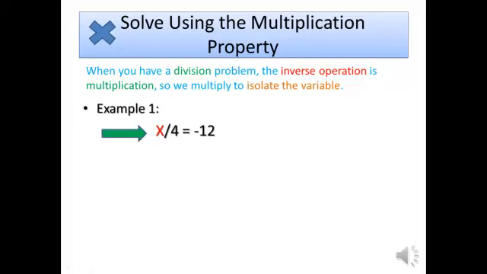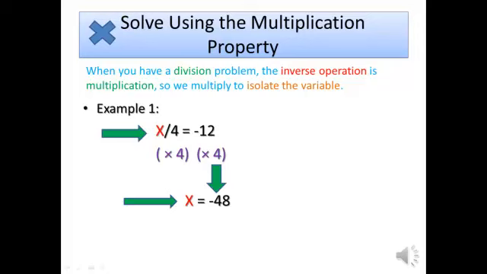Since this is division, we are going to make sure that we multiply. x is our variable. We're dividing by 4, so we need to multiply by 4. We multiplied by 4 on both sides. Negative 12 times 4 is negative 48, so our answer is x equals negative 48.